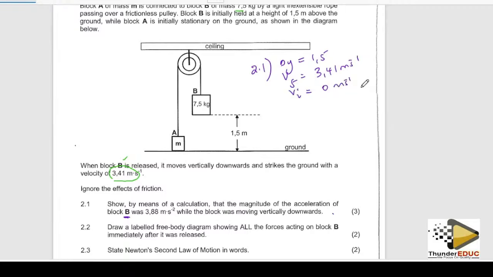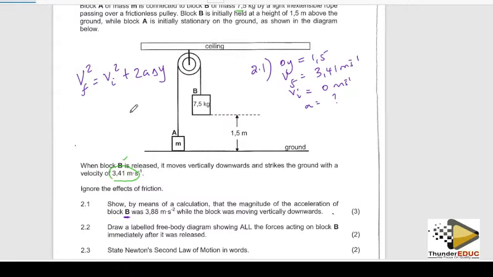Is there anything else we need? We want the acceleration. Projectile, that's fine. So I can say that vf squared is equal to vi squared plus 2a delta y.